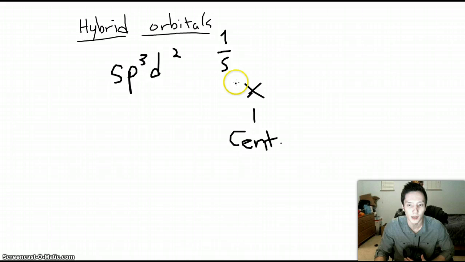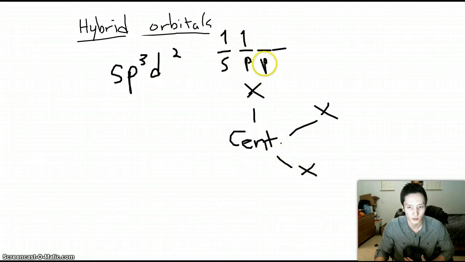It's not even really a hybrid orbital. If you have two attachments, we call this sp, because we suddenly go into the p orbitals. If we have three attachments, we call this sp2, because we use two of the p orbitals. If we have four attachments, we have sp3.